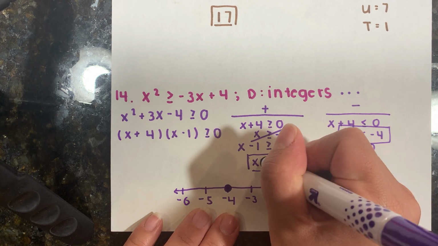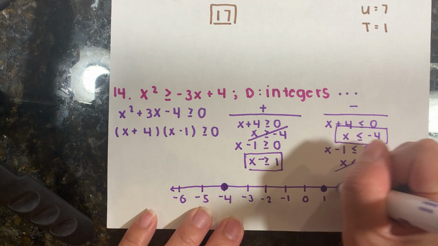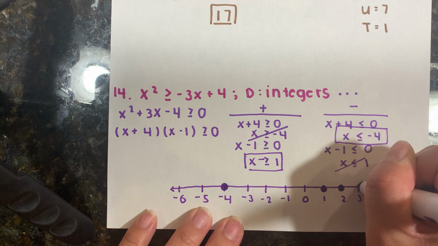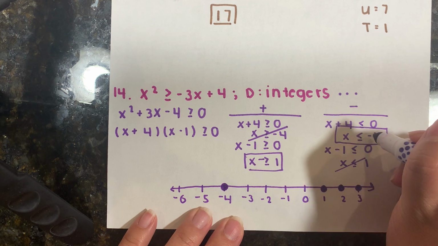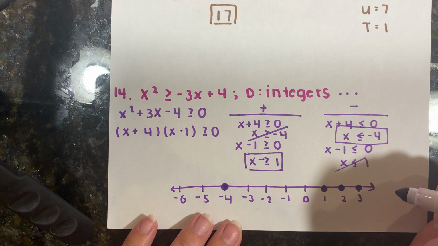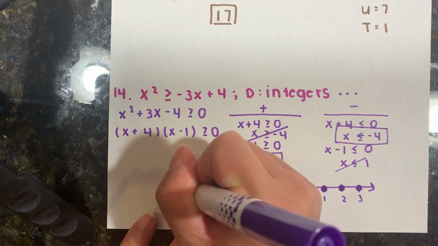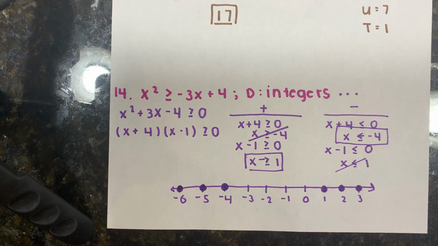It says x is greater than 1, which means that it's going to go to the right. But again, it's integers, so you're going to fill in those points to the right. And when it's less than -4, that's going to go to the left of -4. So I'm going to fill in the points to the left of -4, which should be -5, -6, and everything beyond that.